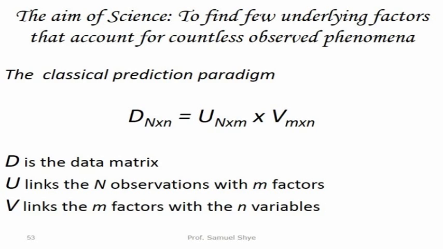D, the data matrix, equals U times V, where U associates the n observations, say people, with m factors, and V associates the m factors with small n variables.